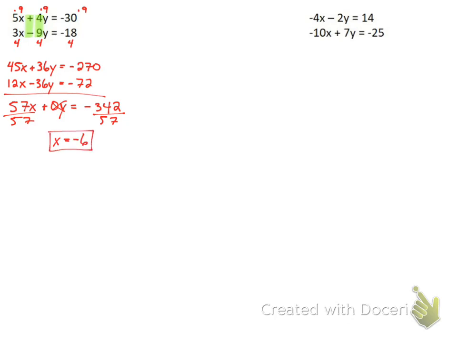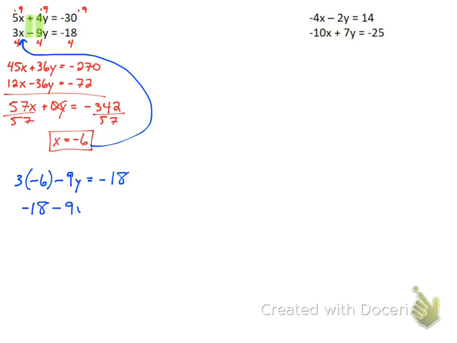Again, I can go ahead and plug this back into one of the equations. I think it's going to be easier to plug it into the bottom one because I've got smaller numbers. So I have 3 times negative 6 minus 9y is equal to negative 18. Negative 18 minus 9y is equal to negative 18.